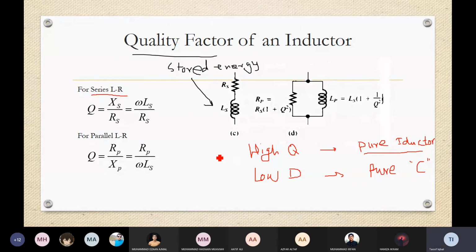ठीक हो गया? So similar to the capacitance, if we know the series circuit, we can convert that into the parallel one. So RP is equal to RS multiplied by 1 plus Q square, and for LP we have LS multiplied by 1 plus 1 by Q square. ठीक हो गया?